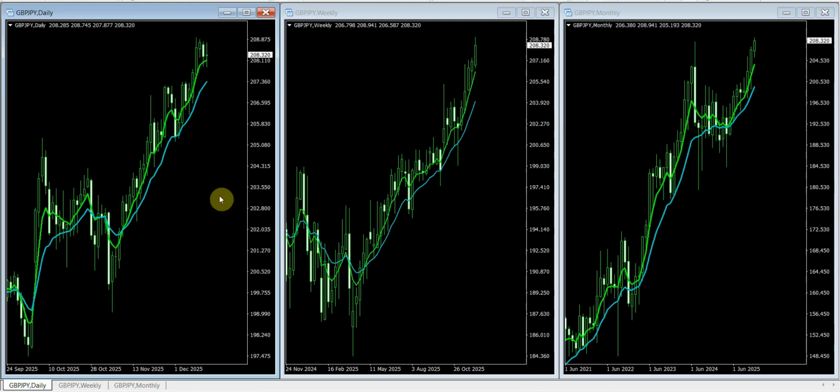At the minimum, what you should be looking at is the daily. And the higher you go, like the daily, weekly, and the monthly, the better off you are. Okay, so if you're looking at the daily, the weekly, and the monthly time frame, then of course the chances are very high.